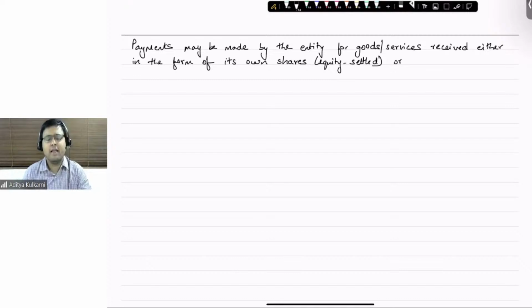First of all, in the last class, we discussed equity settled plans, that is ESOPs, as well as cash settled plans, that is payments made which are dependent on the share price of the entity.